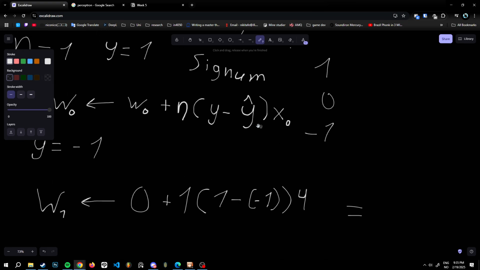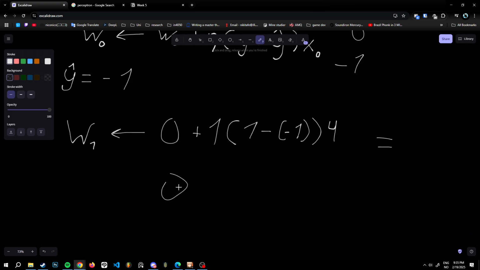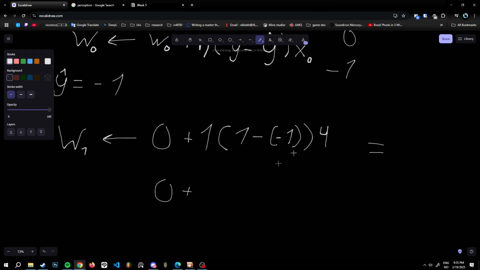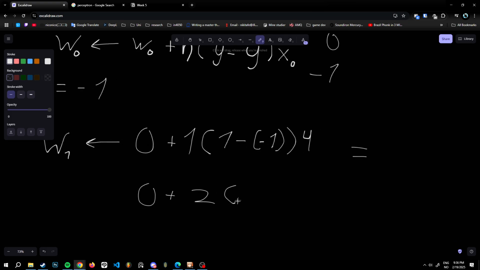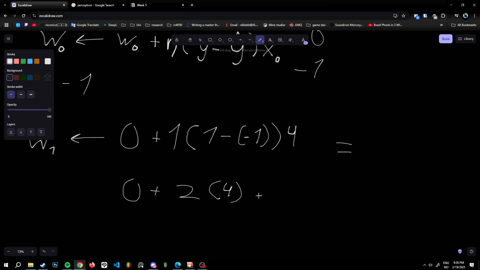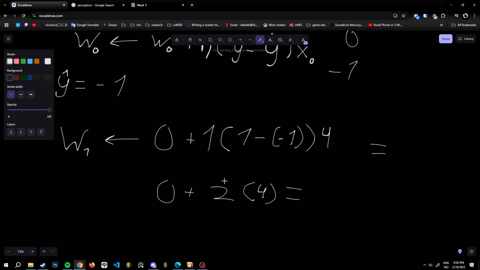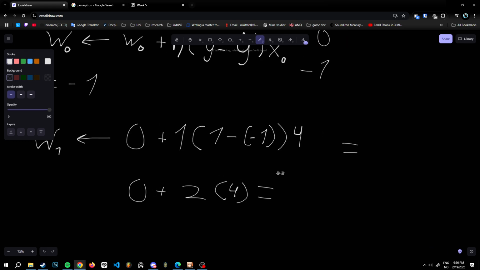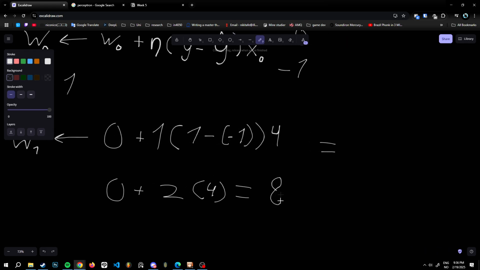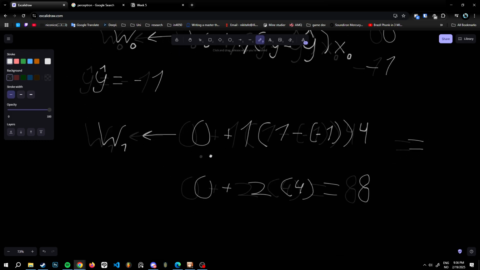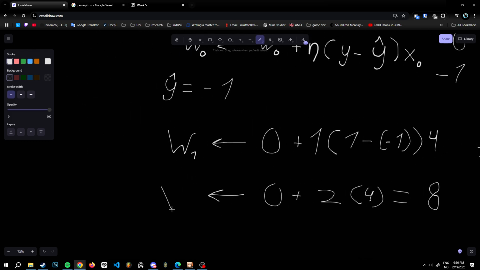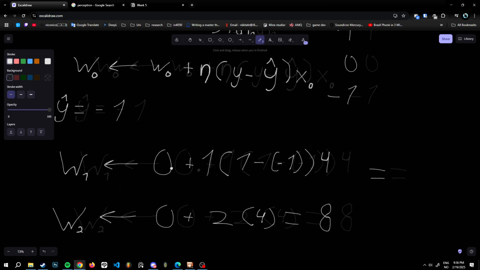And boom, now we will solve it. 0 plus, do the parentheses inside, and then -1, and then you do the parentheses inside again, which is going to be 2, and then 2 times 4 equals. So guys, 2 times 4 equals 8 plus 0, so it is 8. Very simple mathematics here. And so in the end, our second weight is going to be 8, right?